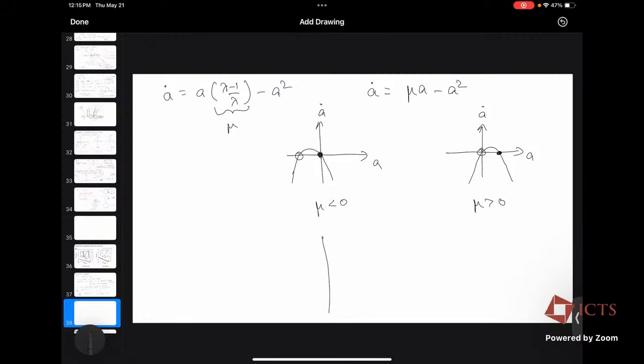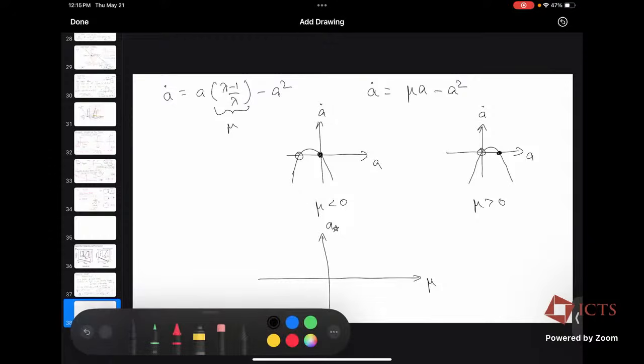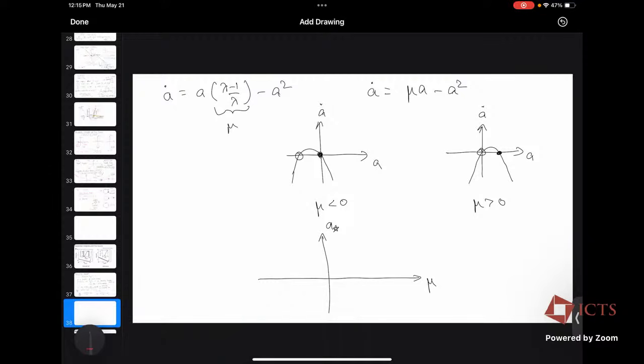So I can once again draw a bifurcation diagram of this mu parameter. You can think of this as saying mu with respect to 0 is similar to lambda with respect to 1. And so we can again mark out my fixed points. For mu less than 0, a star equal to 0 is a stable fixed point.